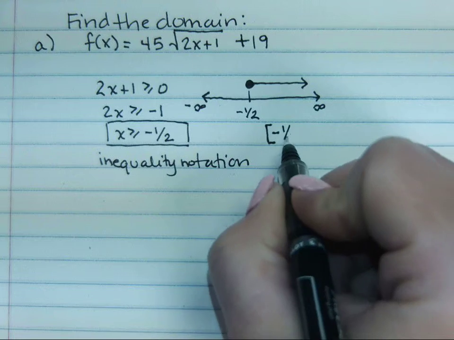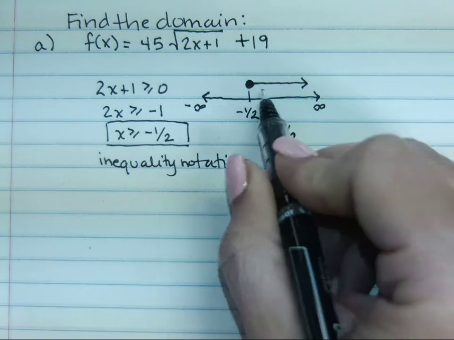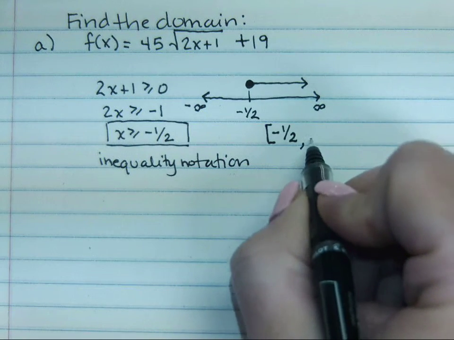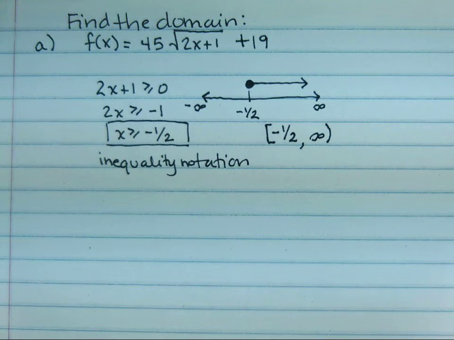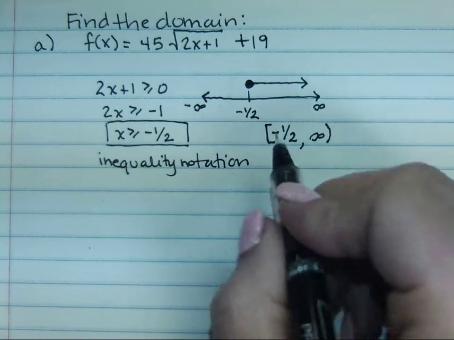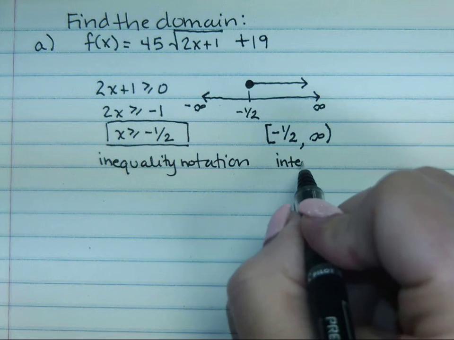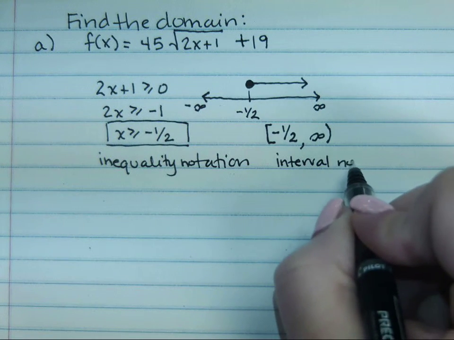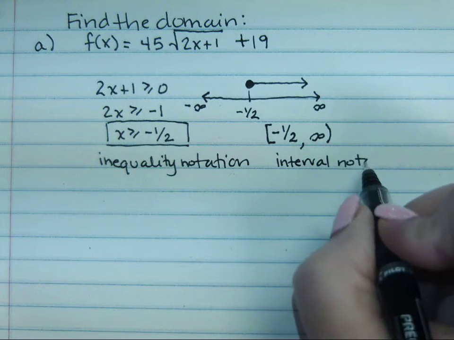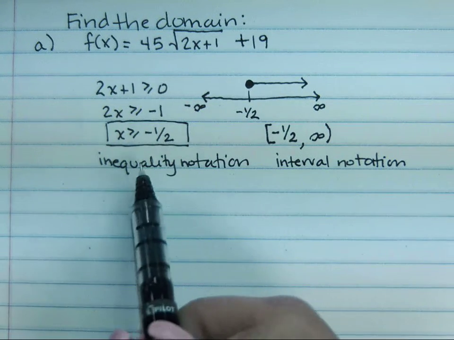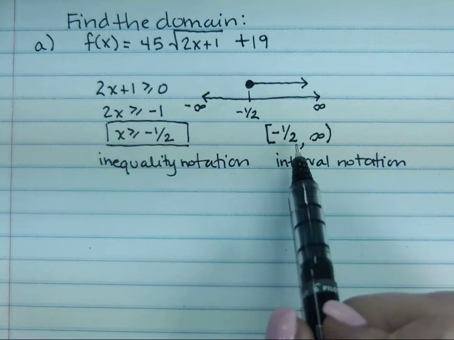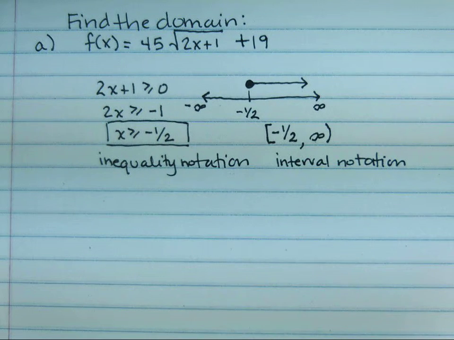I have to use the value that I get to start with, and then the direction of the arrow is going to say move towards infinity, and I don't know where infinity stops, so I need to use a parenthesis. And this is what we call interval notation, because it gives us the interval of all of my solutions. So inequality notation has an inequality symbol, and interval notation does not.